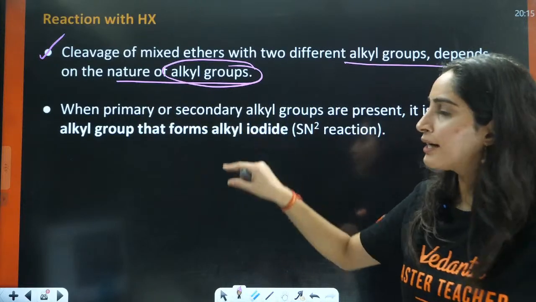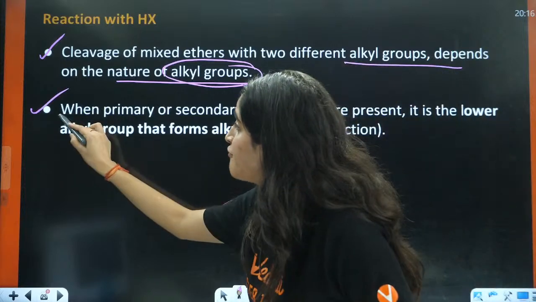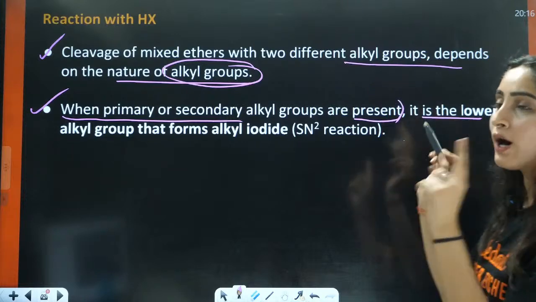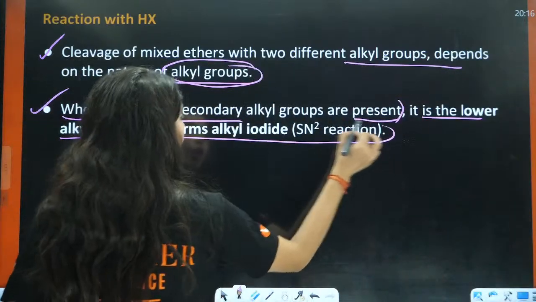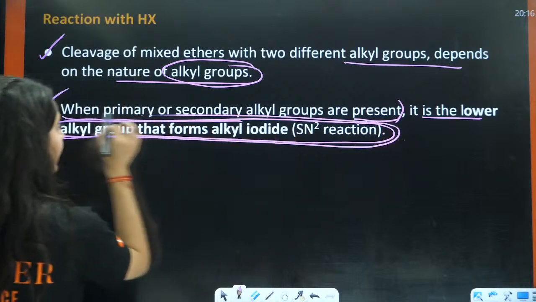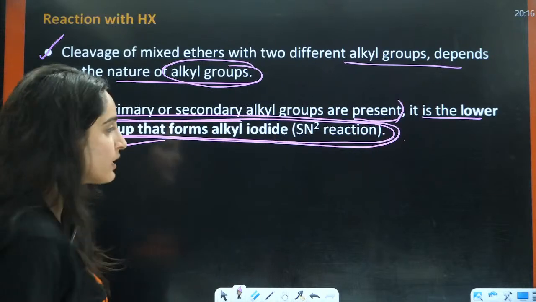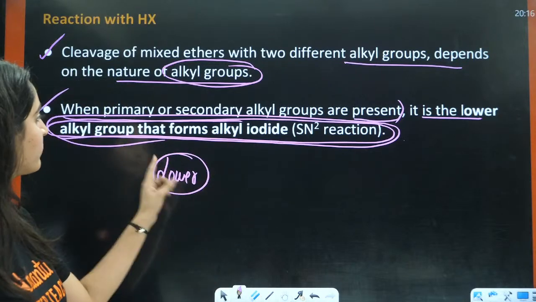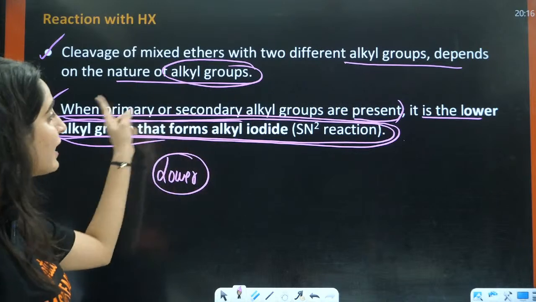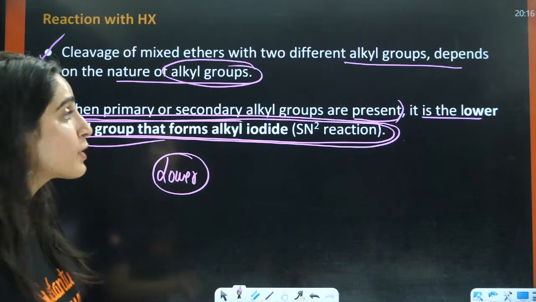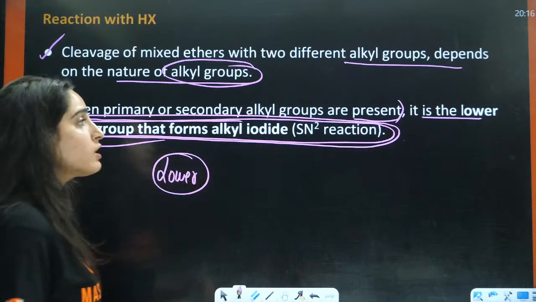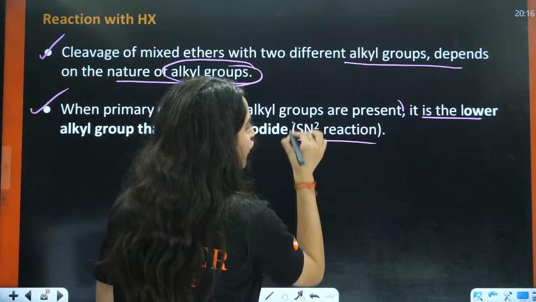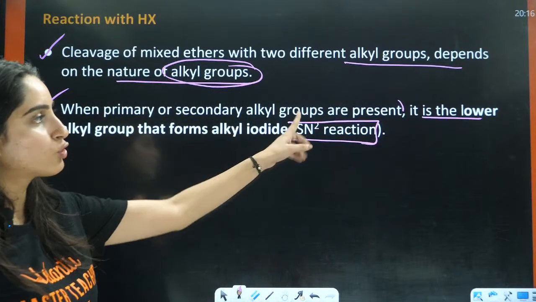When primary or secondary alkyl groups are present, it is the lower alkyl group that forms the alkyl iodide, because for primary and secondary alkyl groups the mechanism will be SN2.